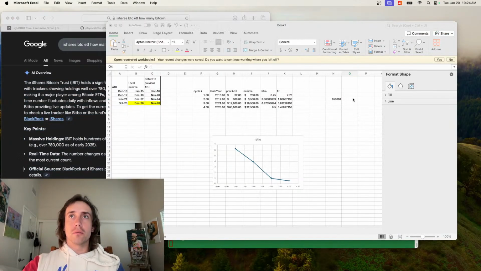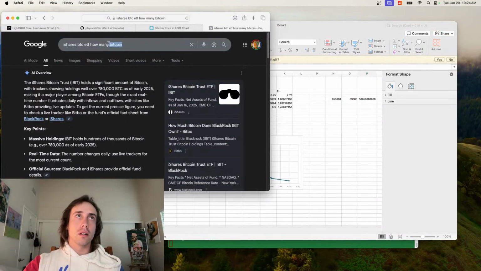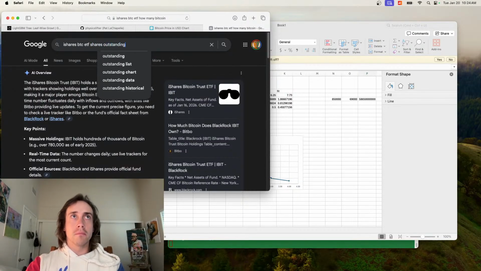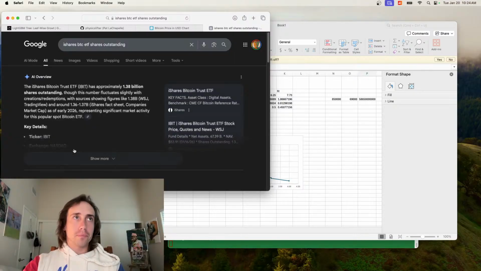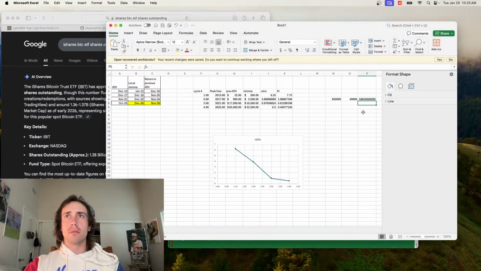And then the Bitcoin price is going to drop down to, conservatively, 69,000. And so their market cap should be that. iShares Bitcoin ETF, shares outstanding. $1.38 billion.